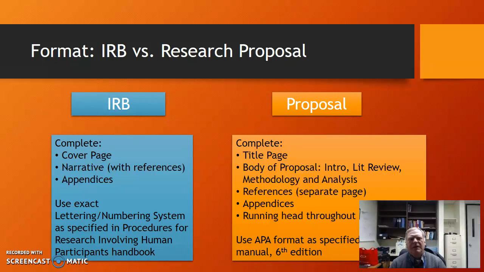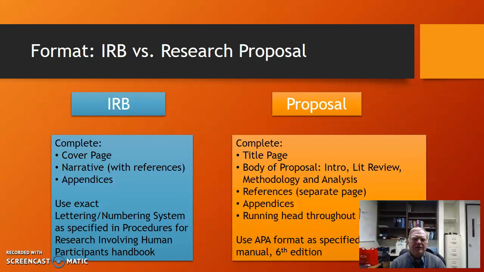Then there's a paper narrative that you need to write, and you put references right after that narrative, and then you have appendices afterwards like the consent form and so on. You need to use the exact lettering and numbering system that the Procedures for Research Involving Human Participants Handbook specifies. And that outline stays the same, so just follow that outline.